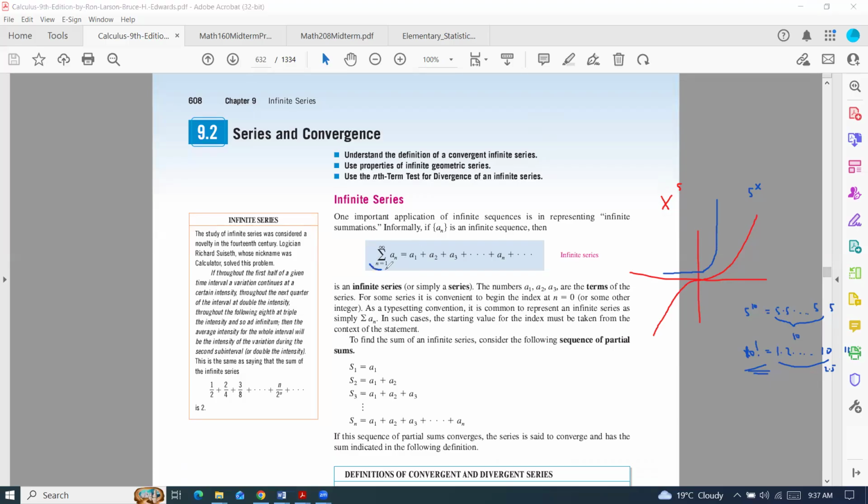So this symbol sigma stands for sum. And if you have a sum from 1 to infinity, it means there's an infinite sum. So your index n starts at 1, so it's A1, and then it keeps going: A2, A3, A4, and so forth. It goes up to n and continues infinitely.